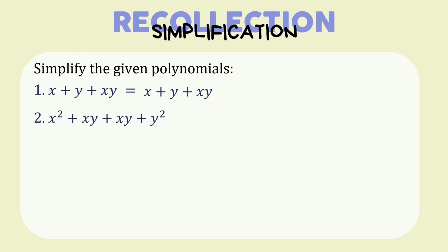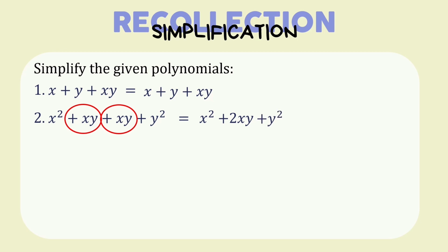Now how about this? x squared plus xy plus xy plus y squared. As we can see, we have similar terms xy and xy. If we add them, we should have 2xy since they have an invisible coefficient of 1. Meanwhile, x squared and y squared will remain untouched.